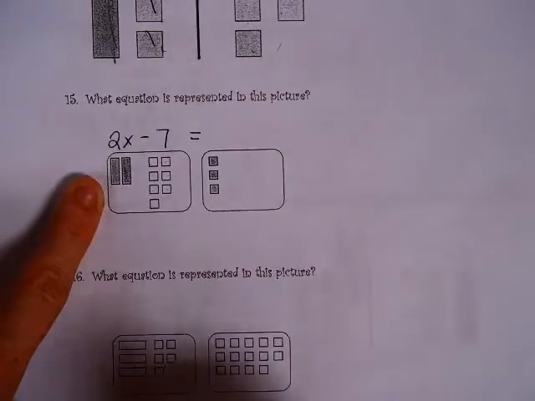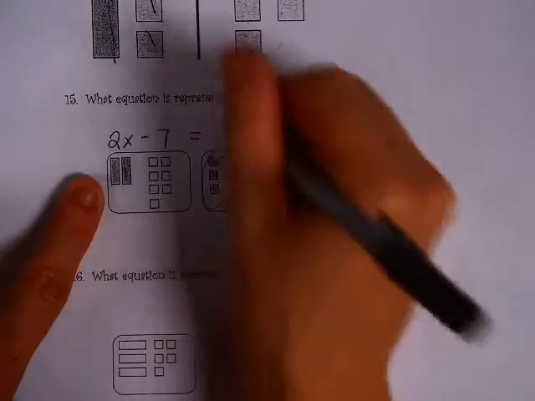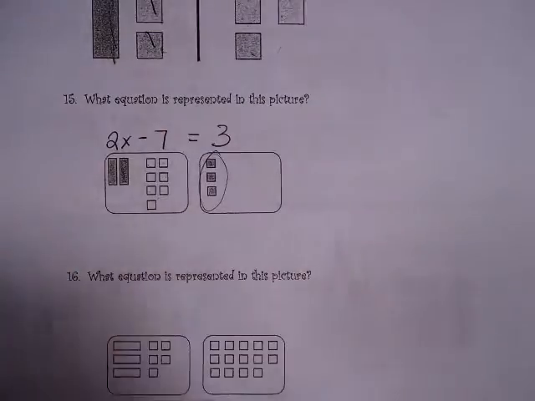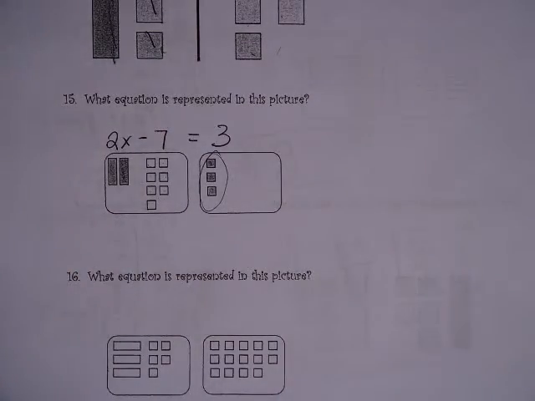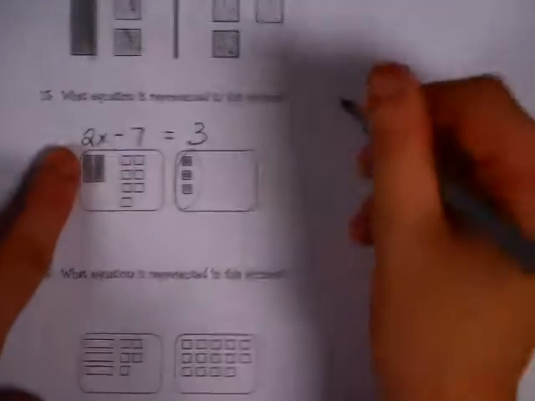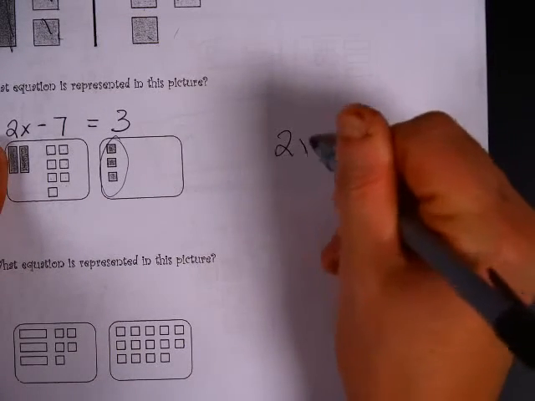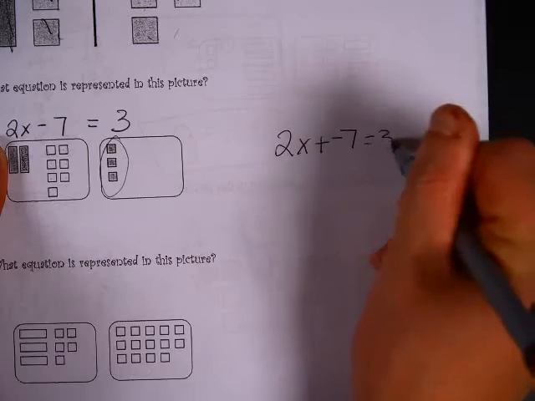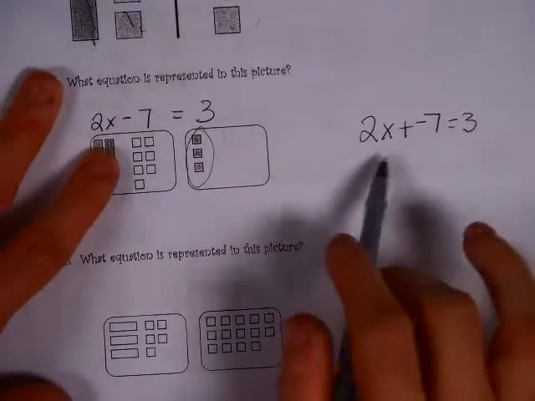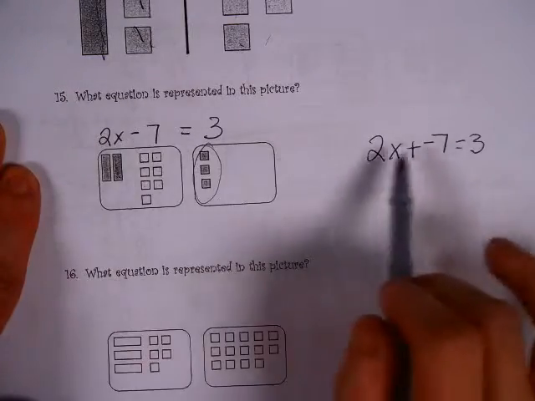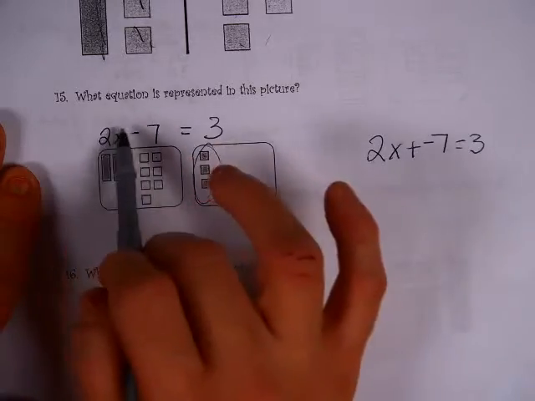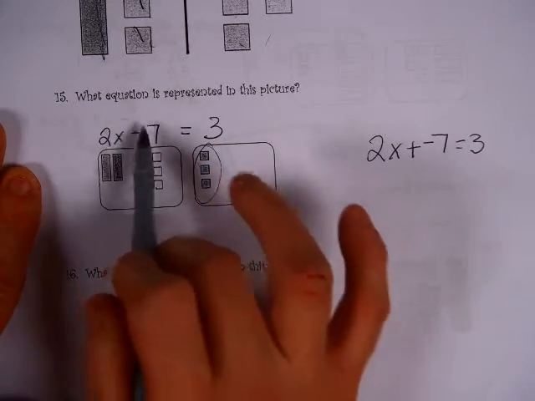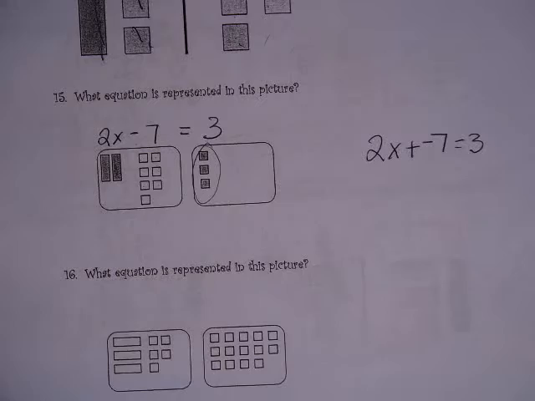This always means equal. And there are 3 positive guards trying their very best to get in. Okay? Now, if you would have written this like 2x plus a negative 7 equals 3, I would count it right. But I tell you on the test, they drop that double sign thing and just make it negative 7 or subtract 7. Okay?